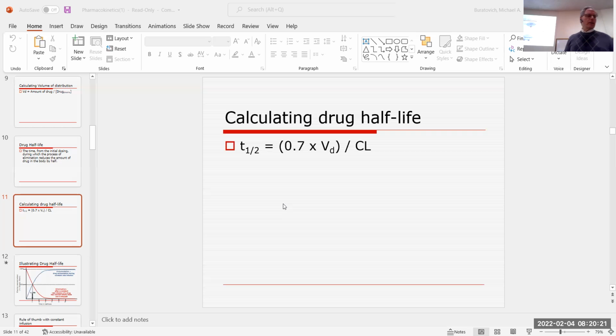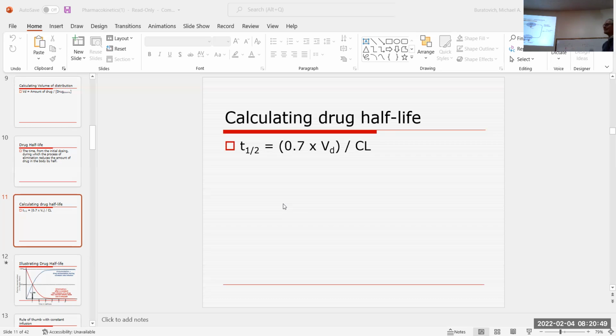Now, if a drug is taken orally, please remember that the blood that drains the GI tract goes first to the liver. So some drugs, if they're taken orally, before they ever get to the systemic circulation, go through the liver, and the liver will start to break them down.